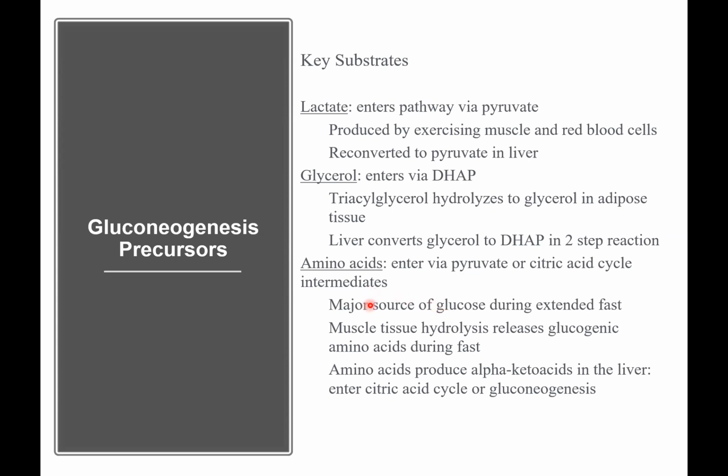An interesting thing about amino acids as a source of gluconeogenesis is this does become a major source of glucose during an extended fast. And the way that works is muscle tissue hydrolysis. So we're actually wasting muscle. Will release glucogenic amino acids. There's a subset of amino acids that are considered to be glucogenic, just FYI.